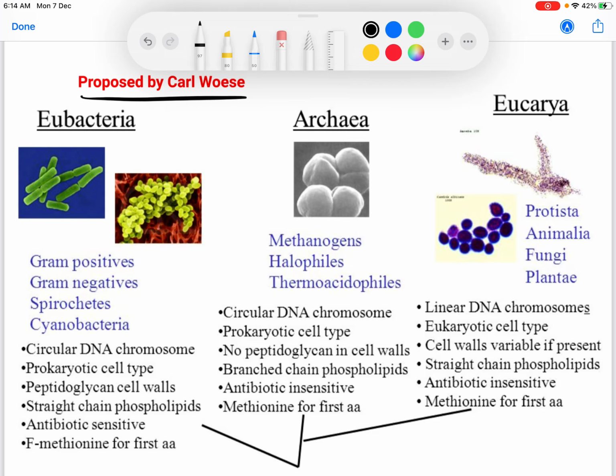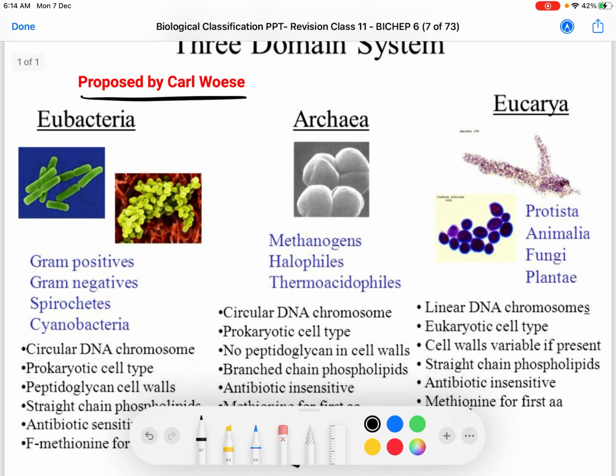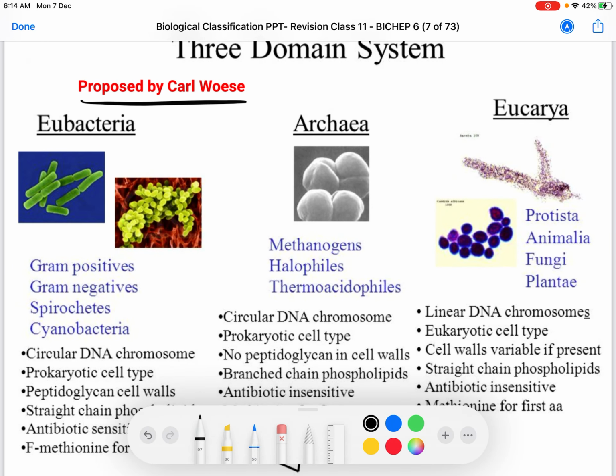Ready? So this mechanism is known as 3-domain classification. Ready? If you see on the top, it is termed as 3-domain classification or 3-domain system, which is proposed by Carl Woese.